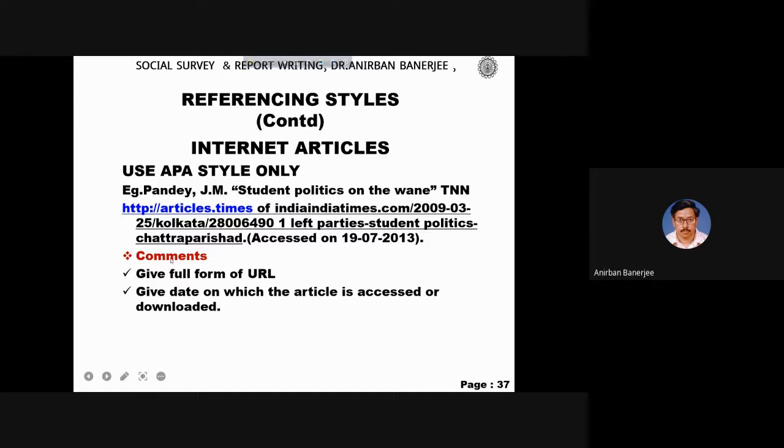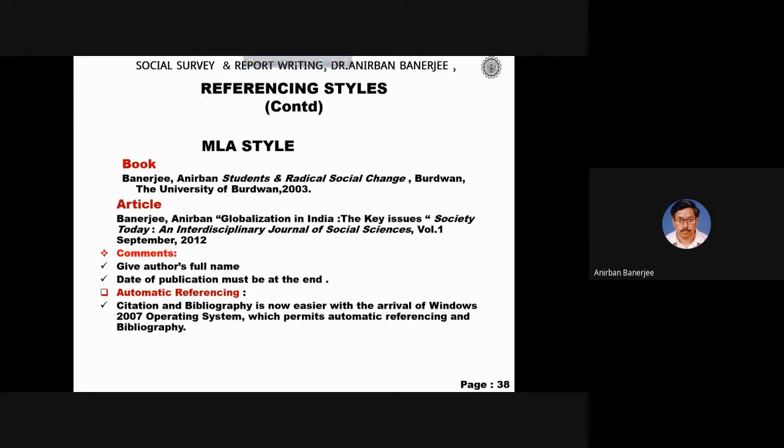Here, first give the full form of the URL. See, this is the full form of the URL. Now, give also the date on which the article is accessed or downloaded. See, this is accessed on 19/7/2013.